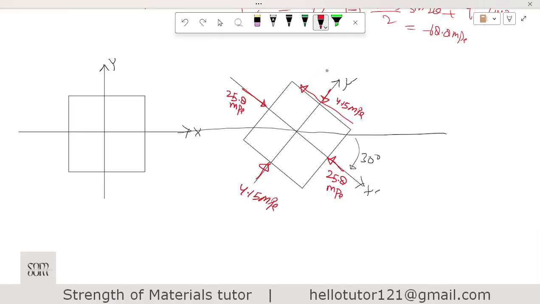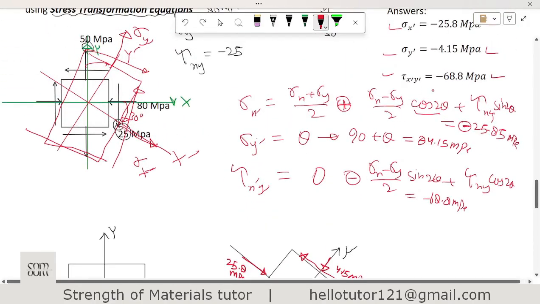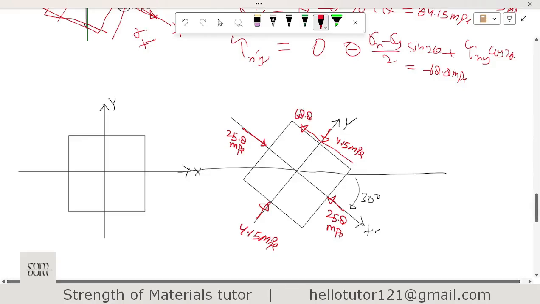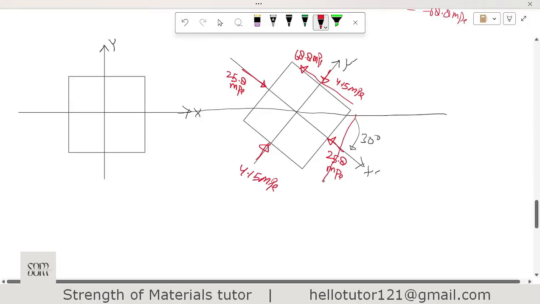How much is it? 68.8 megapascal. This is 68.8 megapascal, and this is 68.8 megapascal.